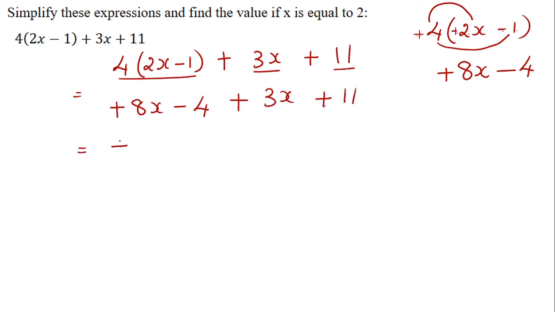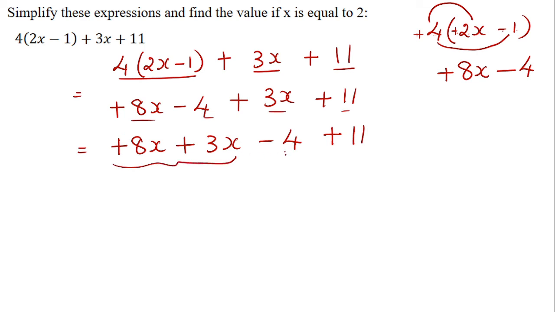Let us write the like terms together. So plus 8x and plus 3x, minus 4 and plus 11. Let us further simplify this. So plus 8x plus 3x, same sign, add. 8 plus 3 is 11x.